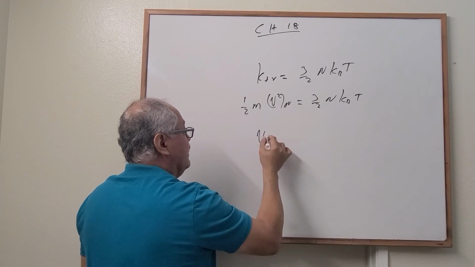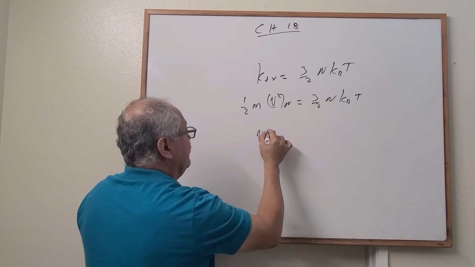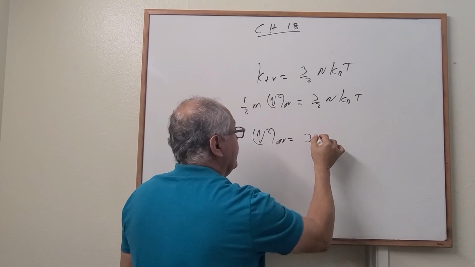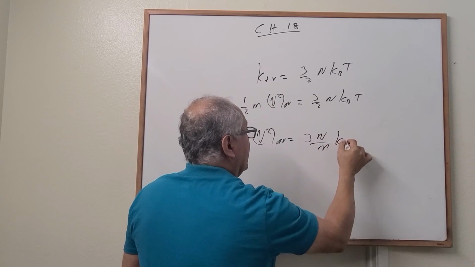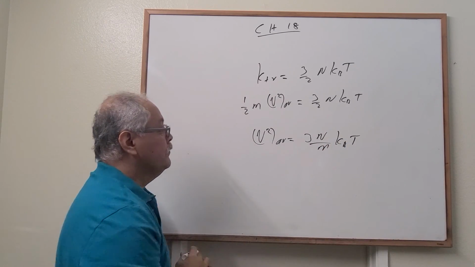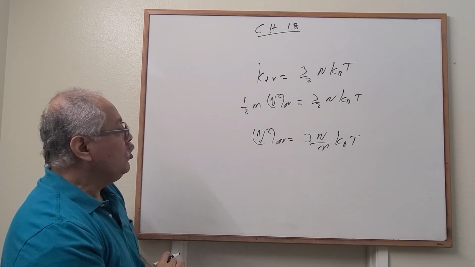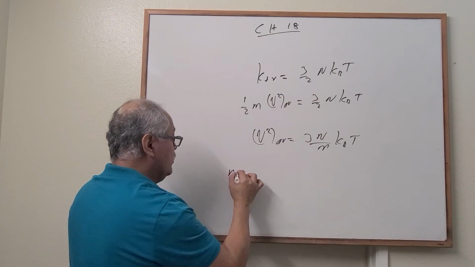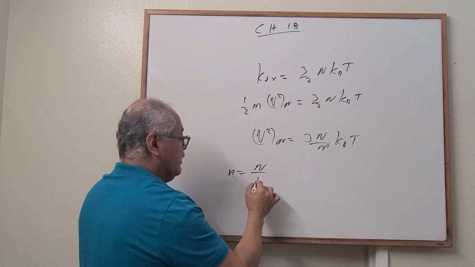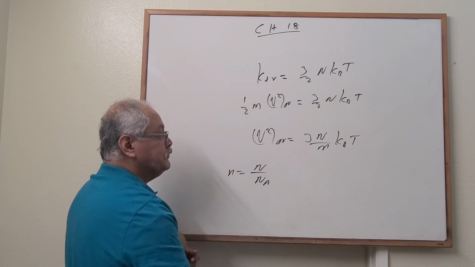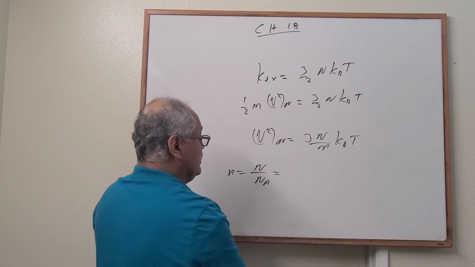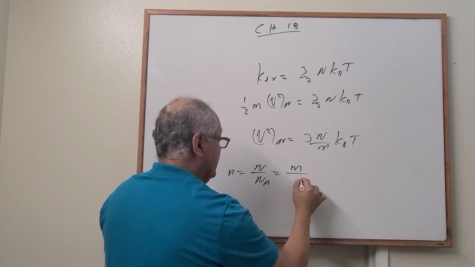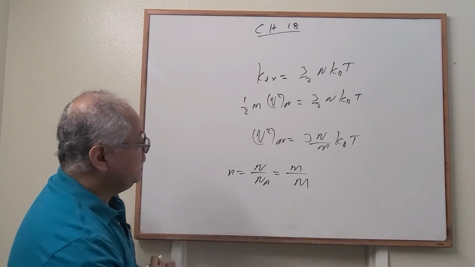So we have this average square velocity is equal to 3N over m times k_B T. Now let's go to number of moles. Remember, the number of moles is equal to the number of particles over Avogadro's number. Also, this is equal to mass divided by molar mass.